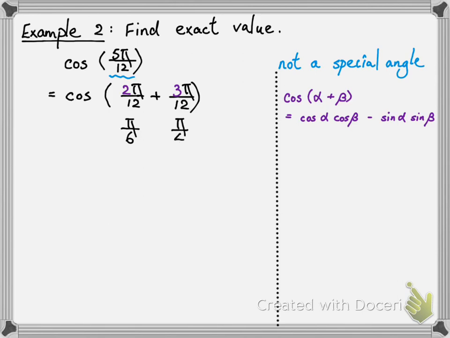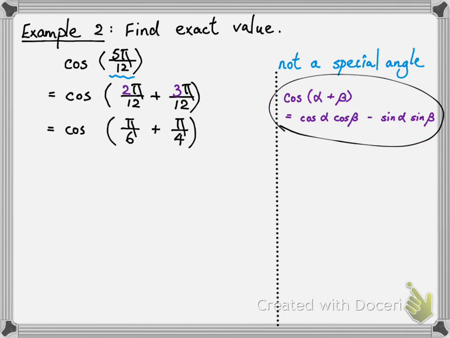And that's it. These two angles are special angles. In other words, we can use the sum identity of cosine to evaluate. Please feel free to pause the video so that you can try to apply the identity to this problem.